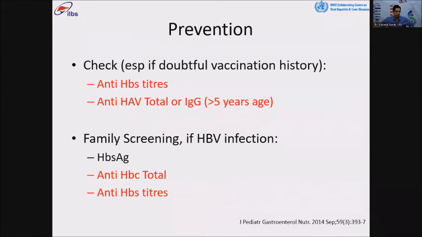When you see patients, young children, dying of acute liver failure because of hepatitis A, you always realize that if they had taken a hepatitis A vaccine dose, they could have been saved. So as a gastroenterologist or hepatologist, we always tell everyone to get themselves screened for and vaccinated against hepatitis B and hepatitis A.